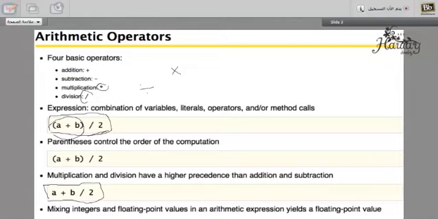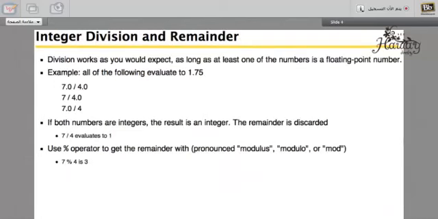What do you think will happen? Yeah, it's actually b divided by 2, then plus a. I will explain about this very soon. This is something we call the precedence operation. We'll talk about it in the forthcoming slides.